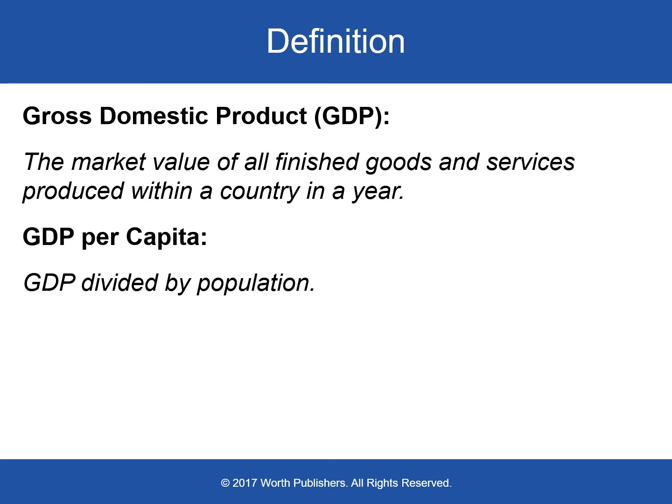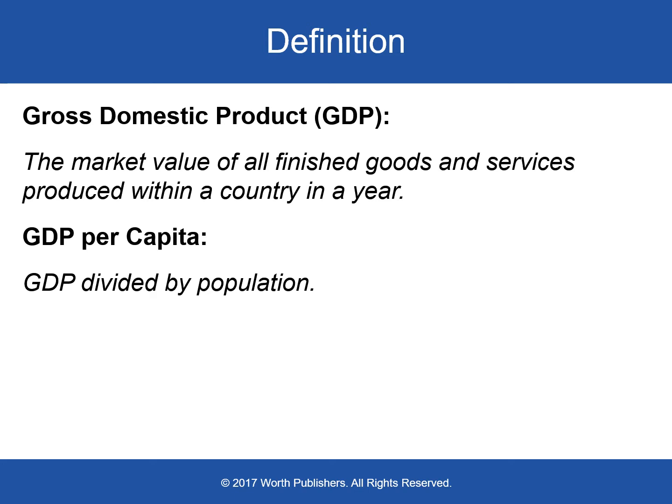You'll notice the definition of GDP uses the phrase market value. It uses the phrase finished. It uses goods and services and then produced within a country. And all of those things are very significant.